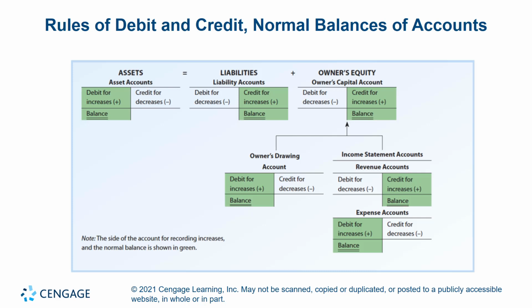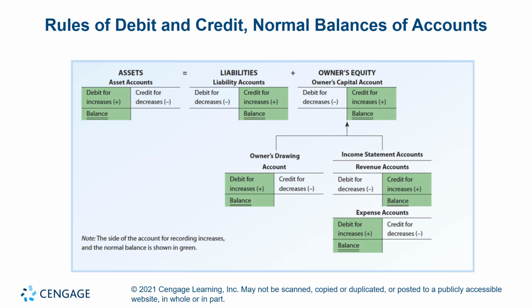Let's take a look at assets. For all asset accounts, the increase will be on the debit side and the decrease on the credit side. So for any business transactions, we need to record to an asset account such as cash, accounts receivable, inventory, supplies, any prepaid expense accounts like insurance, and we have an increase, we would record it on the debit side, the decrease on the credit side.